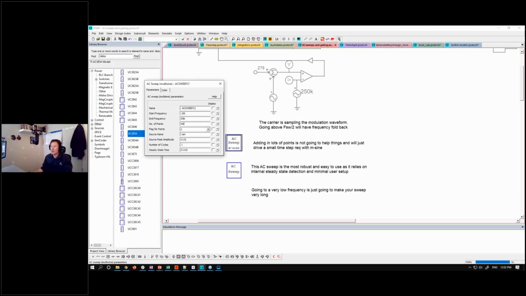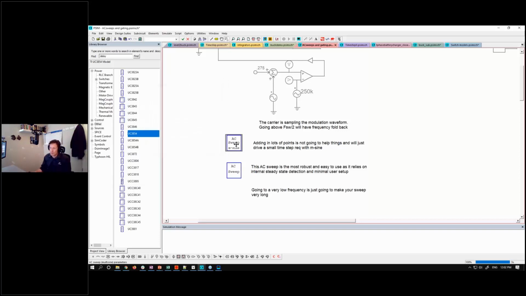The frequencies are injected in one blast, so in order to resolve subtle differences in frequency, that drives the Nyquist criteria again. If you're asking for like 500 points, those all need to be observable and extractable, and that just drives a very, very small time step. So more than 10 to 20 points per decade is way too much data.